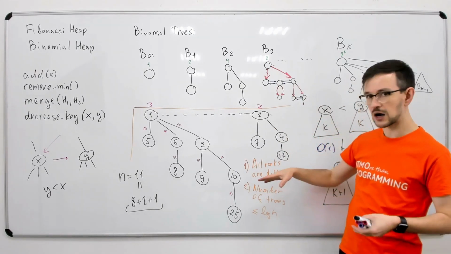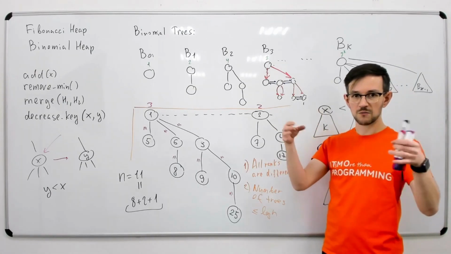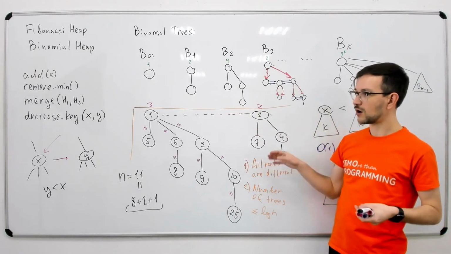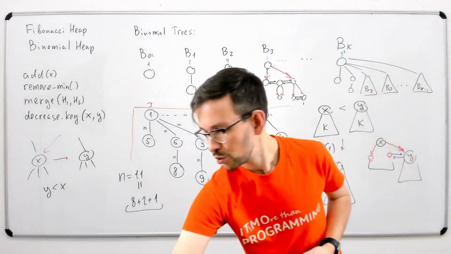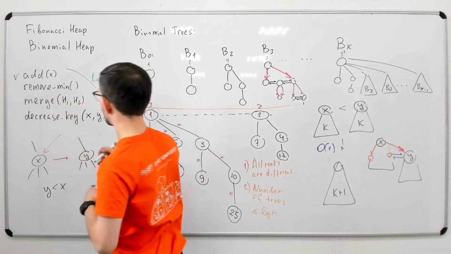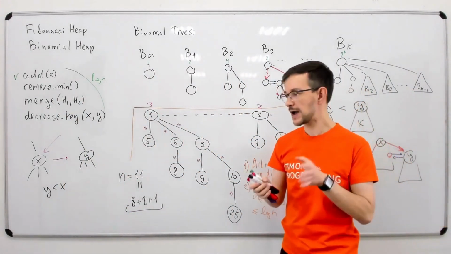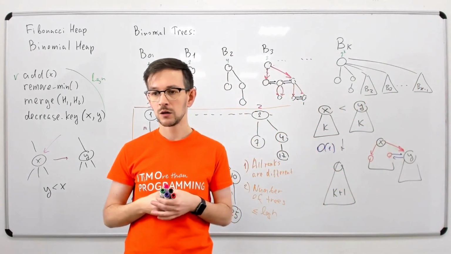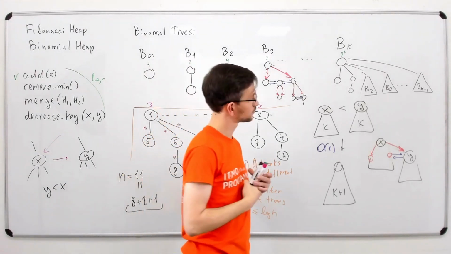All ranks are not greater than logarithm, so the total number of these merges of two trees will be at most logarithm. So the total time complexity of this add operation is log n. All operations will be in log n time. Okay, that's how you add one more element to the binomial heap in log n time. Good.